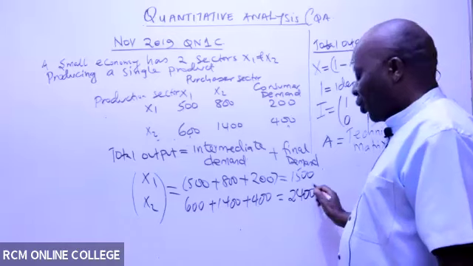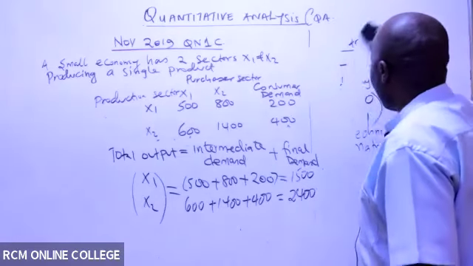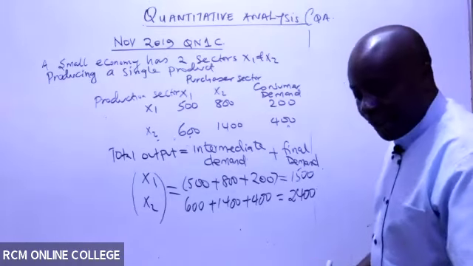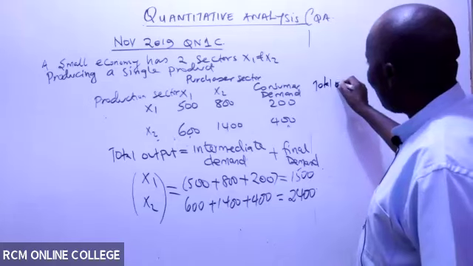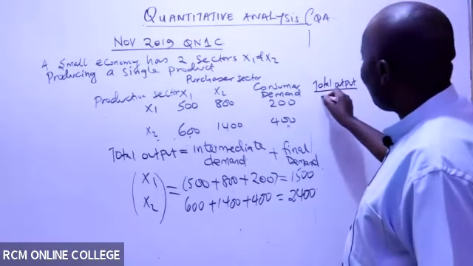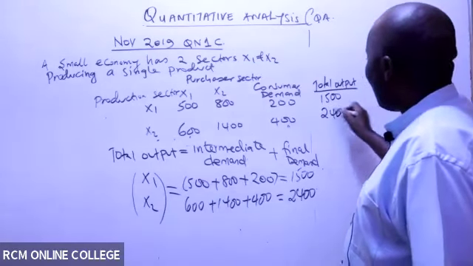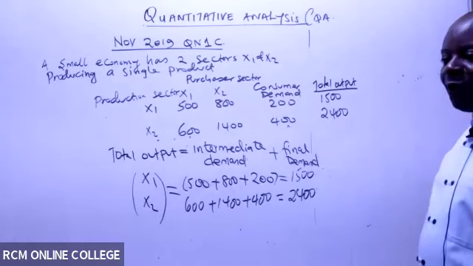So this is now what we bring to this matrix, and call it total output. The total output for X1 is 1500, and for X2 it is 2400.